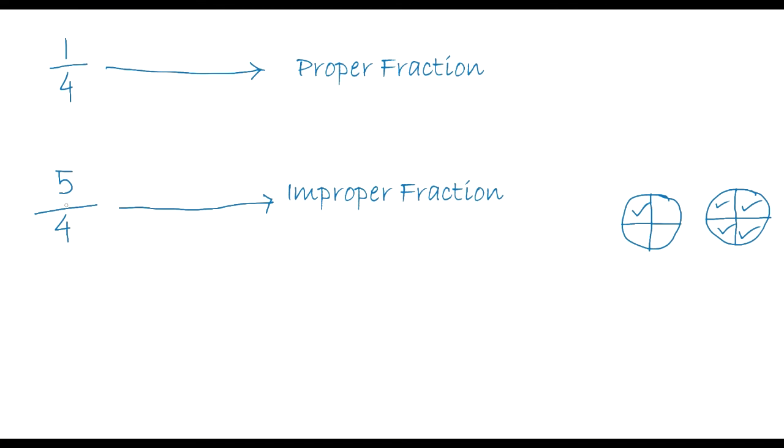That means here on top I have 5. That 5 includes actually one whole pizza. That's why it's an improper fraction, because it's not only a fraction, there is a whole number included in it.